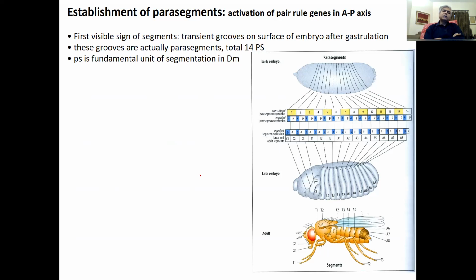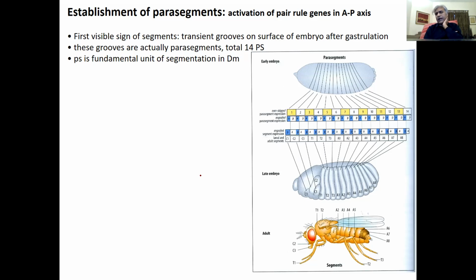So as the embryo becomes cellularized, these individual cells start grouping in different regions: the head region, the future thorax region, and the future abdominal region.